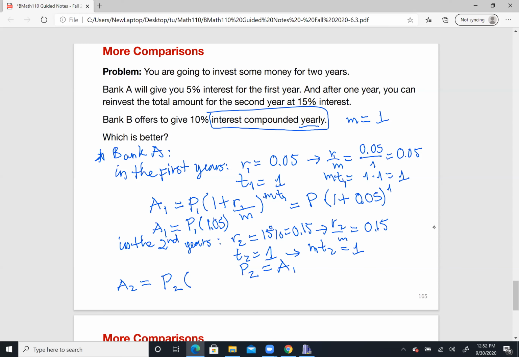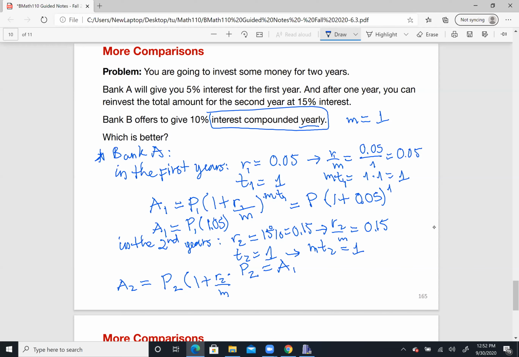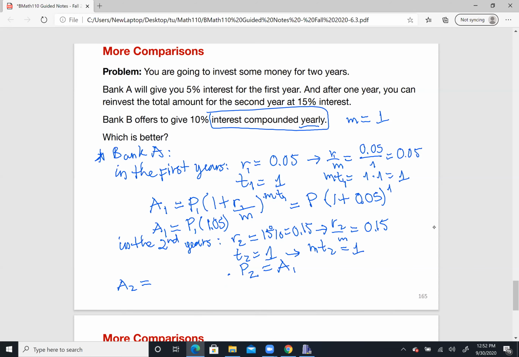times 1 plus R2 over M. Oh my God, I don't have enough space. Okay, let me try to.